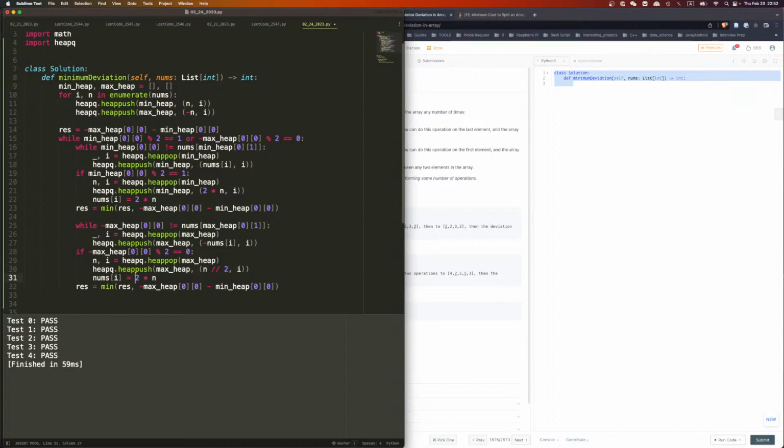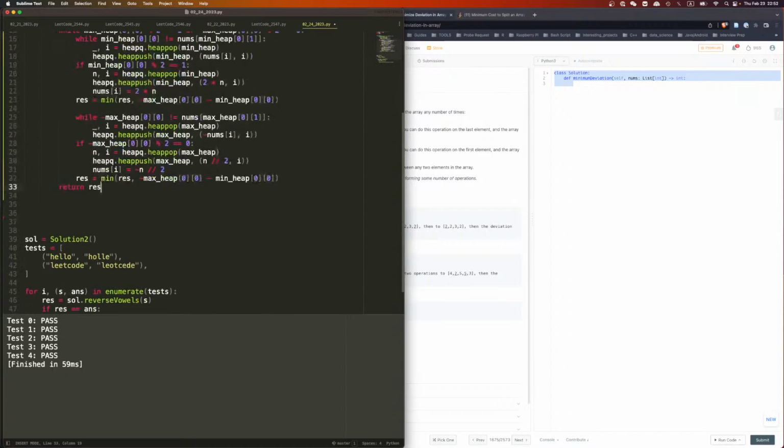Oh, this is going to be negative. I'll make sure this will be negative and divided by 2, because when I get it, I'll get negative, right? And then res equals this. All right, and so we return res.